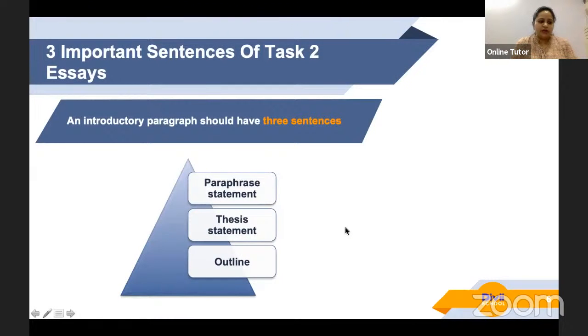Now, a good introduction constitutes 3 important sentence structures. The first one being the paraphrase statement. The second one will be the thesis statement. And the last one would be the outline.